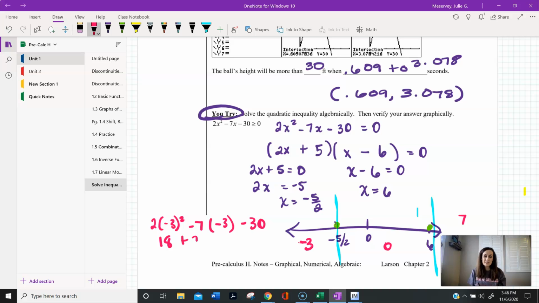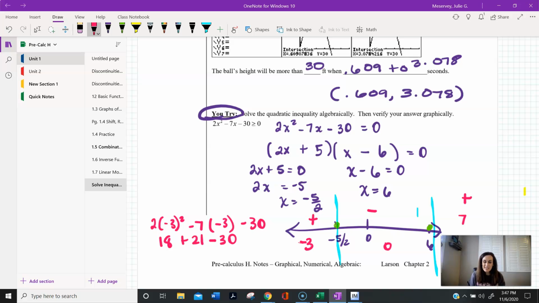You're going to add 21 and then subtract 30. So 21 plus 18, that one's going to be really close, and it does end up positive. So this is positive. Plugging in 0 will be negative, and then plugging in a 7 will be positive again.